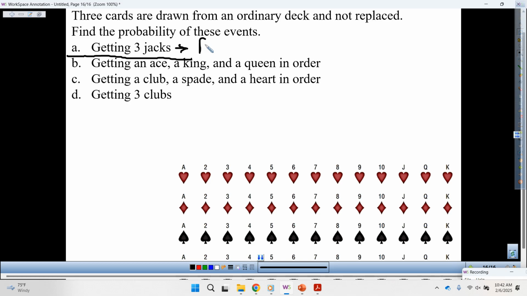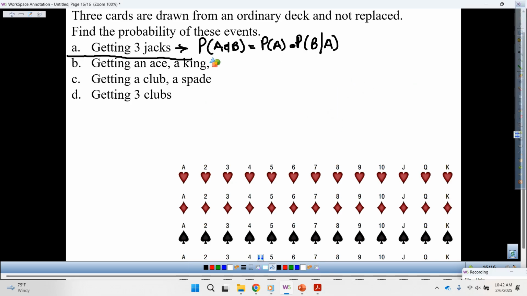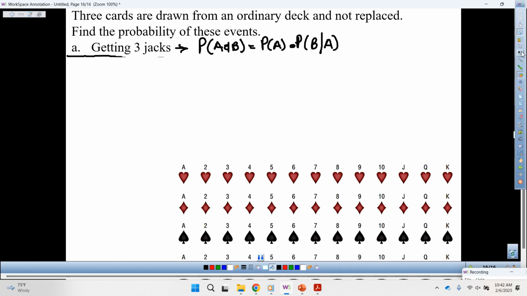And we start with a formula. P of A and B equals P of A times, my brain goes faster than me sometimes, P of B dependent on A. All right, let me make some space here. All right, so here we go. P of, what are they asking us for, guys? Jacks.